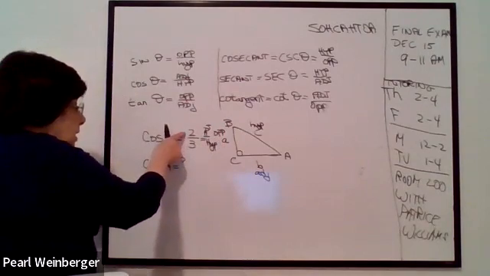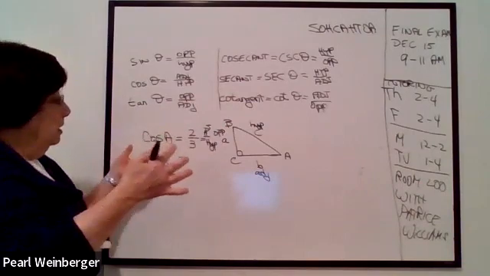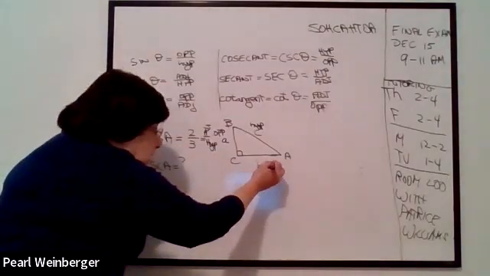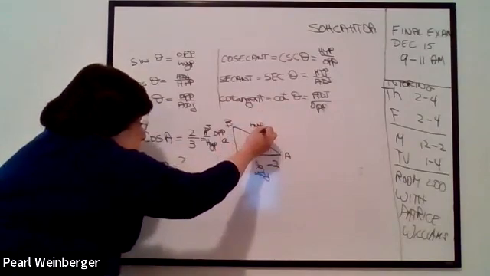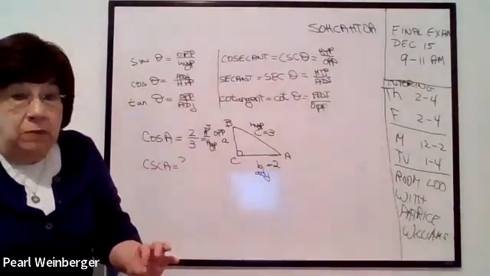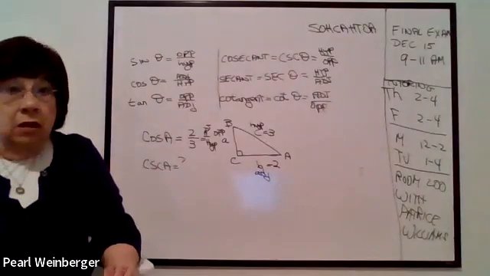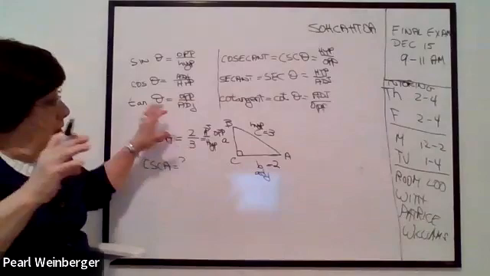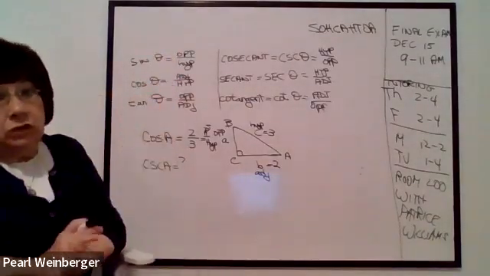essentially they've given me two sides. They told me that the adjacent side is 2 and the hypotenuse is 3. So just giving us one of the trigonometric values actually gives us two sides of the right triangle, because each of the functions always is a ratio of two sides.